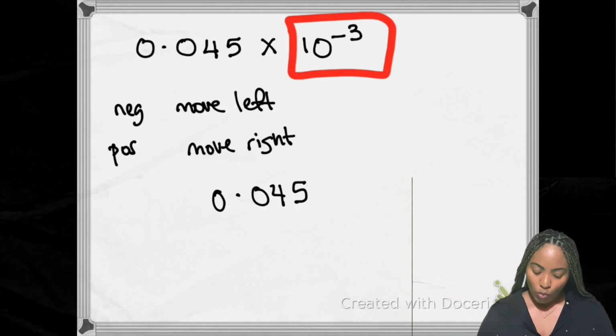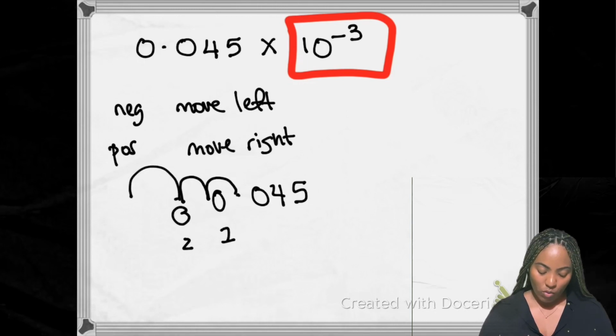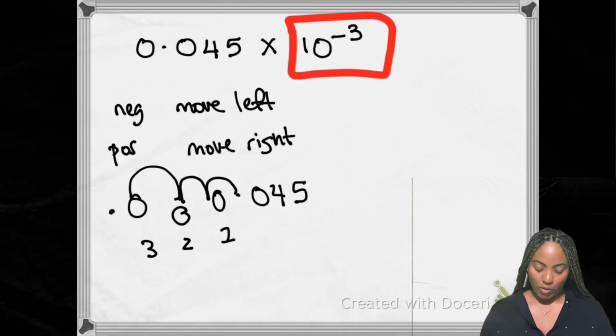So we're going to move 3 places to the left. We have 1 place, we have 2 places. Since there's no digit there, we will put a 0. So this was my first place, this was my second place, and we will move it 1 more to get 3. And of course, you place a decimal point there.